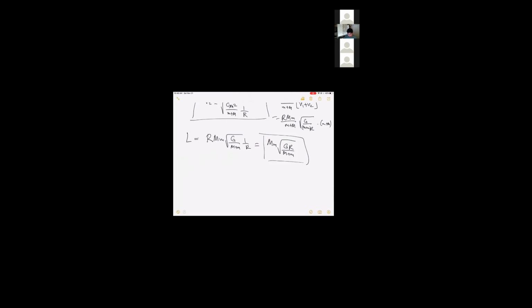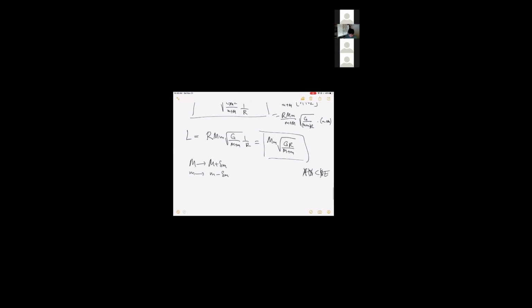So yeah, now let's see what happens if we again change M to M plus delta M, and m. So obviously D is eliminated. So again, we have A, B, C, D, E, because the angular momentum is not going to stay constant. But now the question is, does it increase potentially?